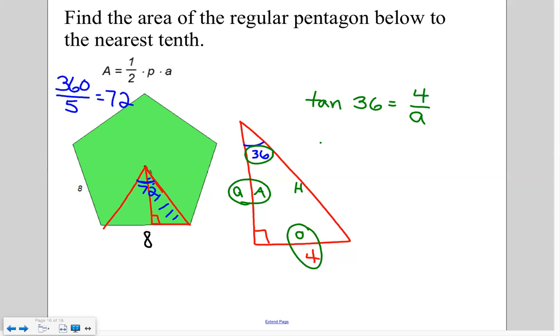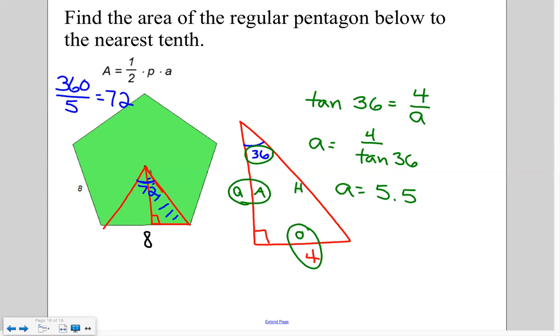So A equals 4 divided by tangent of 36. That's what my calculator is going to help out with. 4 divided by tangent of 36, I get 5.505527, a long decimal. My apothem is going to be about 5.5.